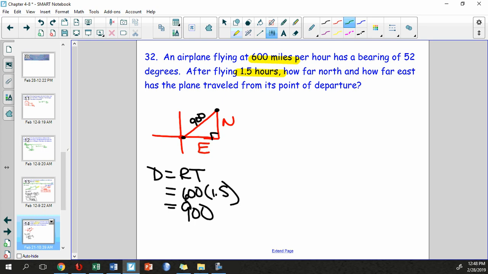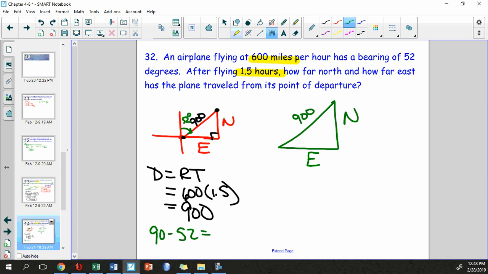So that means right here is 52. Do we understand that? Yes? So how do I get the inside of my angle? I'm going to take 90 minus 52. And what does that give me? 38. That gives me my inside angle.